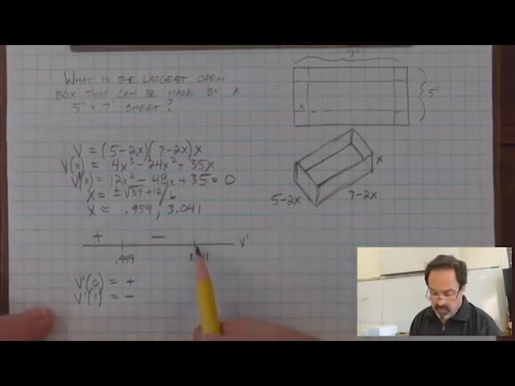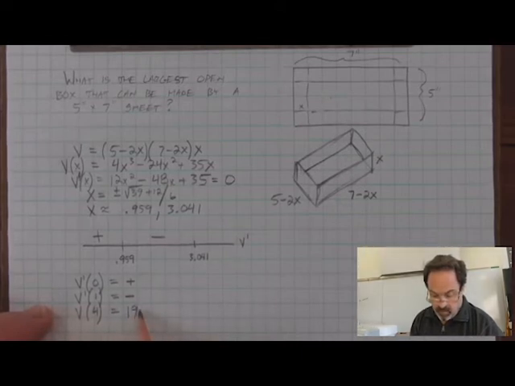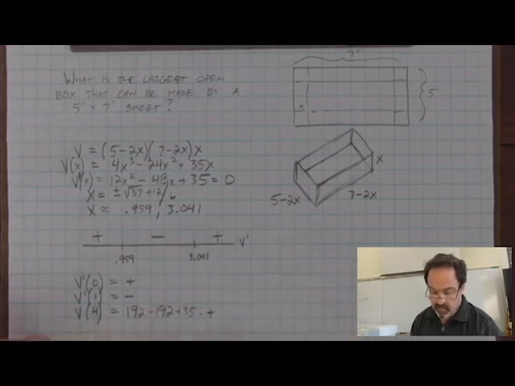We need to find the sign after 3.041. In this case, we could put in the integer 4. Putting that into the derivative gives 192 minus 192 plus 35. These curiously cancel out, and the 35 is left and is positive.